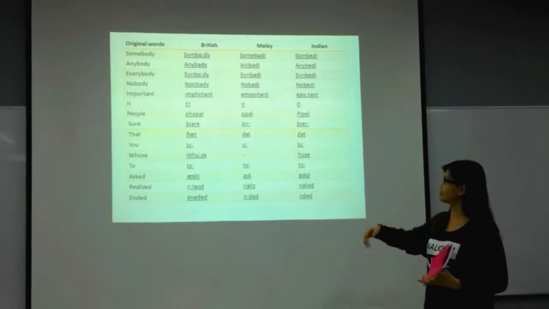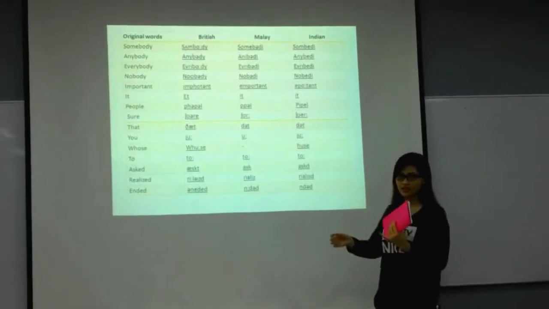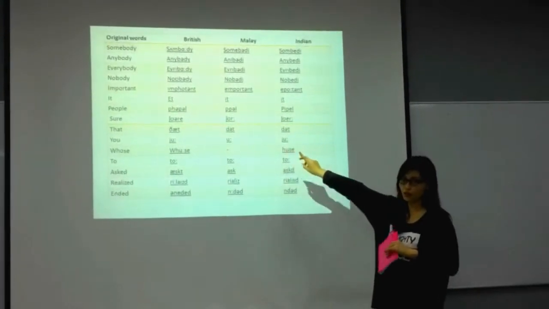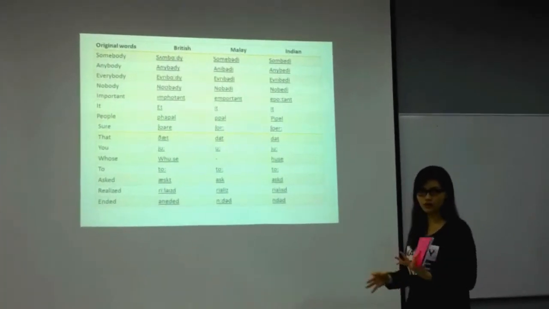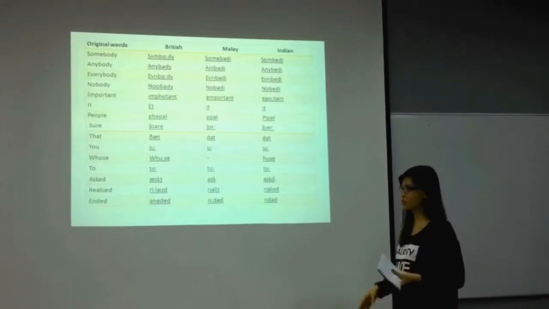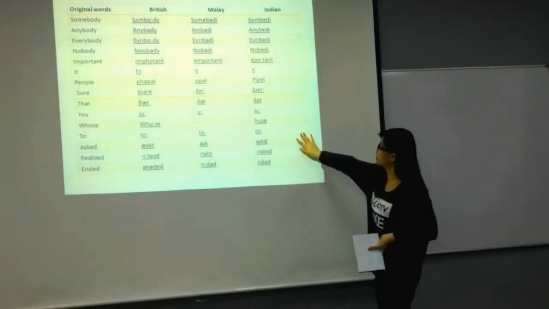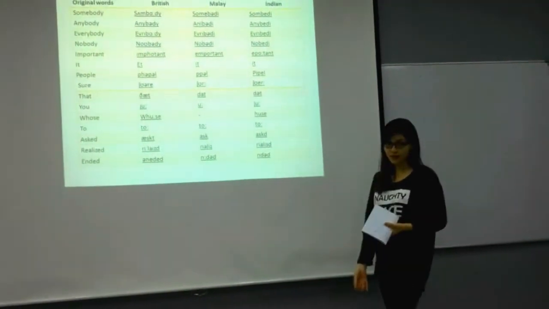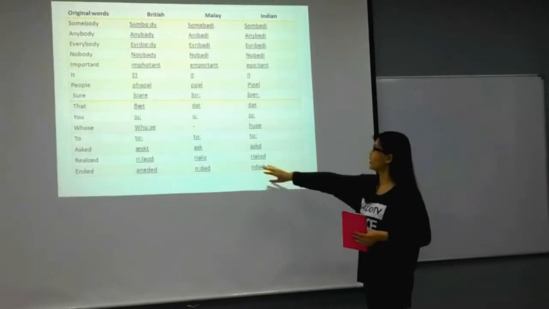Like somebody, she changed the Y to I. So the way she pronounced it is really flat, with no stress on the Y or I. And for the Indian guy, he will pronounce it as everybody. Again, he will stress on the word body.